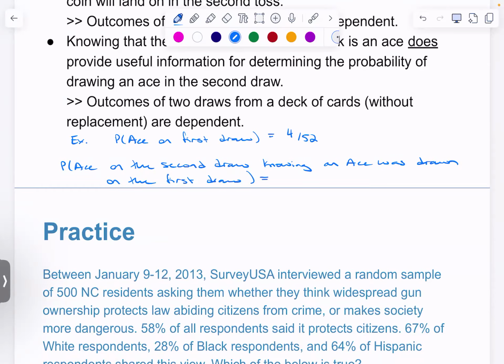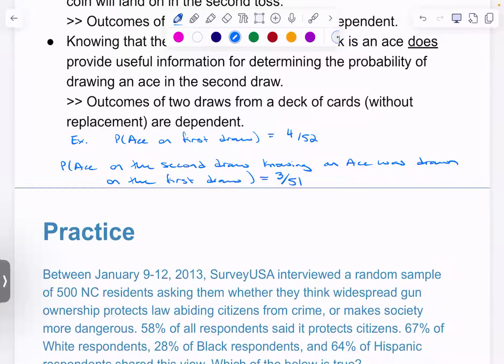is going to be what? So if you know that an ace was drawn on the first draw, there's only 3 aces left, right? But there's also only 51 cards left, right? So then we need to adjust the denominator as well.